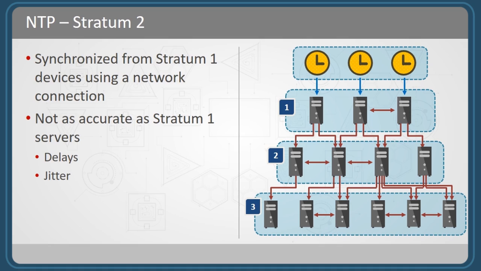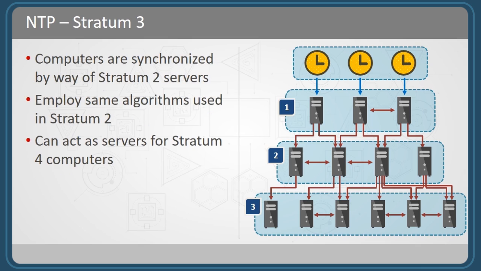Plus, they can also take into account how far they are from the original source, because there is some kind of delay in all network communications. They can actually accommodate for that delay. So if the server says it's time X, but we know that the packet took, let's say, time interval of Y to reach us, well, then we can calculate what the actual value was in terms of the original source value.